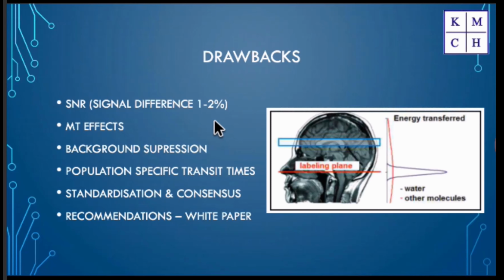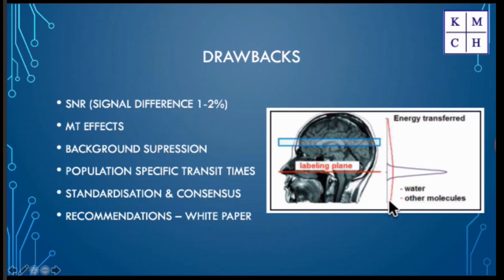The second, since we use the saturation or the inverting pulses, it leads to something called an MT effect, which is called a magnetization transfer effect. This is because of the off-resonance effect of these pulses on the protein macromolecules. As we can see, the protein macromolecules have a wide spectrum of frequencies, whereas what we give is a sharp spectrum.